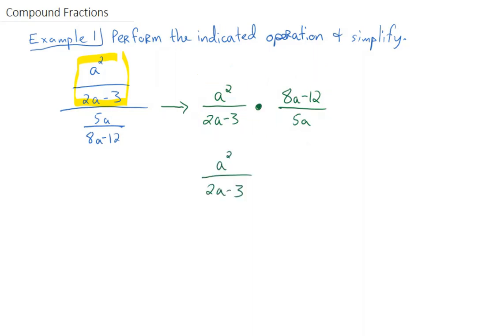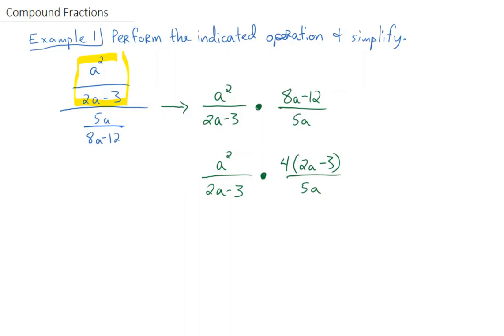Nothing in the first fraction factors, so I will just copy that down. In the second fraction, the numerator has a GCF of 4. So when I factor that, I get 4 times the quantity 2a minus 3. And then I can just copy down my denominator because it's already just as in factor 4.